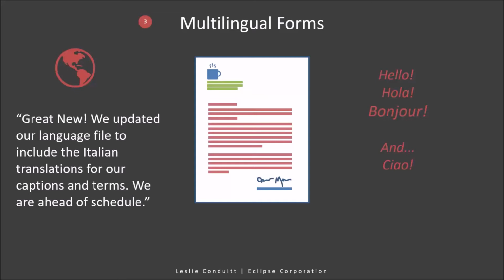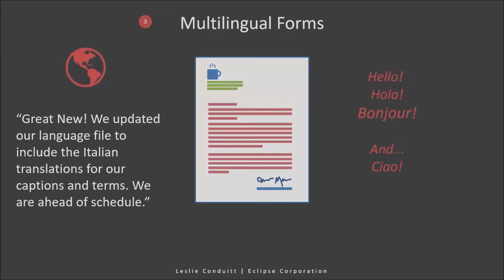Google Translate I use all the time for demonstration purposes, but usually there's an outsourced company that will translate your document, and then we just build a profile for Italian, and then you simply add Italian as your lookup, and it'll automatically be available in your master global template if you set up your form to be dynamic. So again, in the sample we have hello, hola, bonjour, and ciao, I believe is how it's pronounced. So this can all be built with one template rather than four.